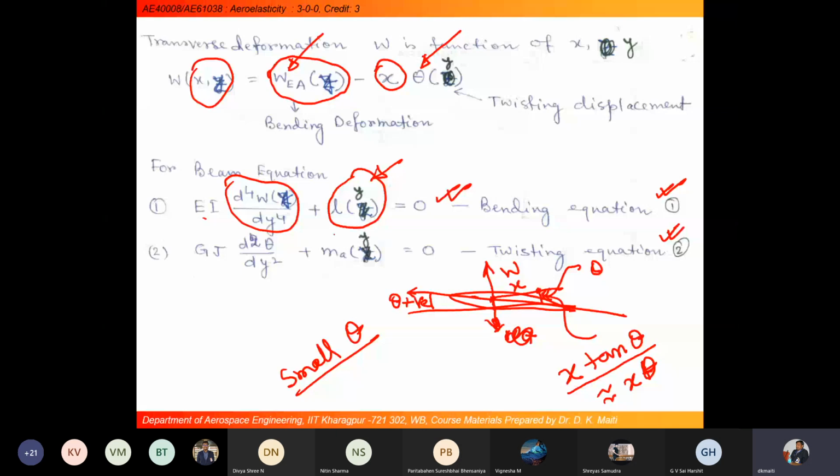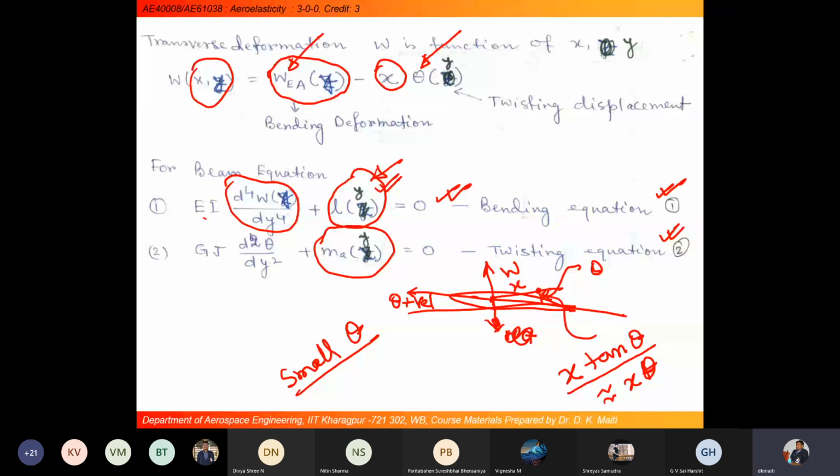So M A is coming from the lift. One part will come from the lift, which induces an aerodynamic moment, and also due to the camber of the aerofoil. That way, finally, we will have two equations. The first equation is the bending equation. If you look at here, this bending equation is coupled with theta, but it is not coupled with the other equation.